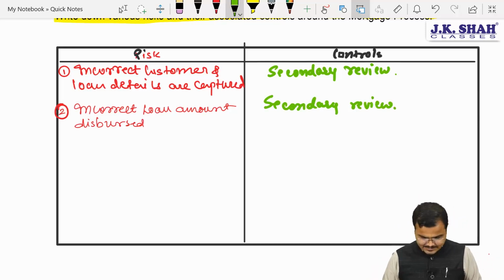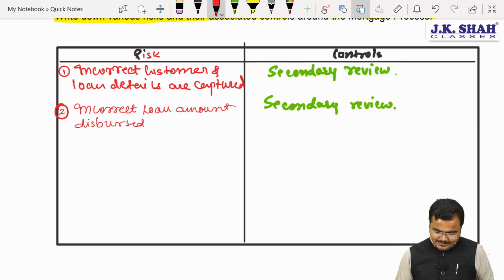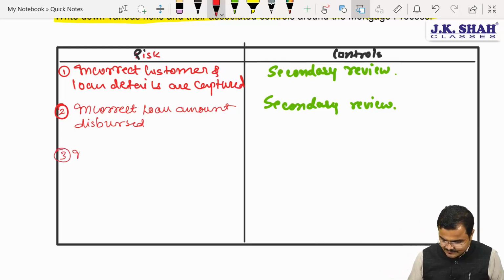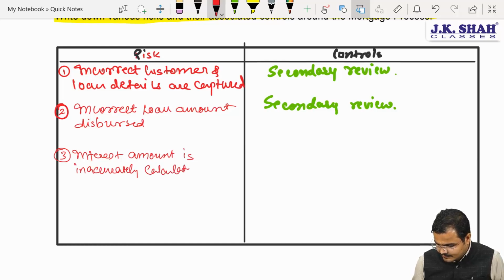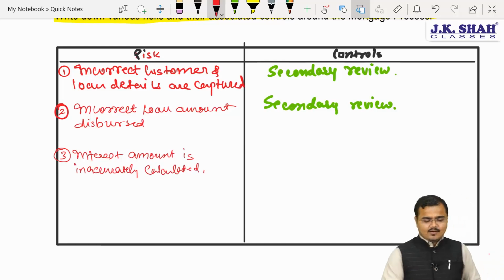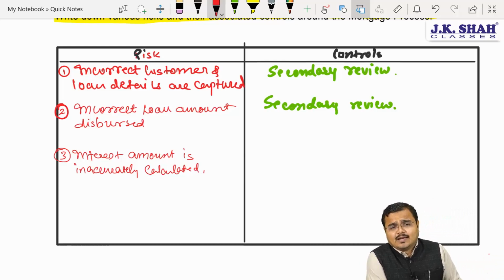Agree? Yes, sir. Number 3, chartered, the major risk, as you have already studied, is that interest amount is inaccurately calculated. When will the interest amount be inaccurately calculated? When it is calculated manually.